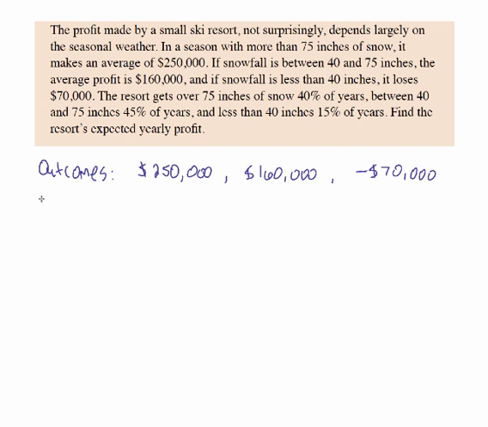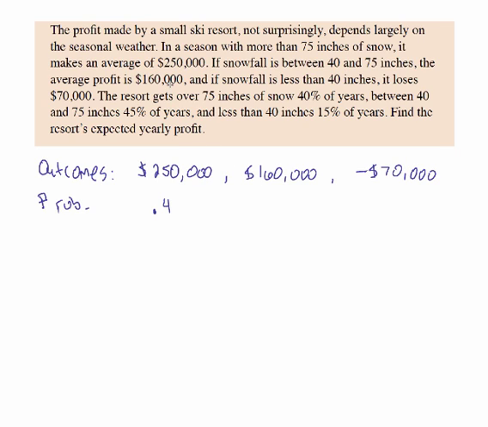Now we want to find the probability for each of those outcomes. Well, let's see. The resort gets over 75 inches of snow 40% of years. More than 75 inches of snow goes along with the outcome of plus $250,000. And since that happens 40% of the time, there's a 0.4 probability of that happening.